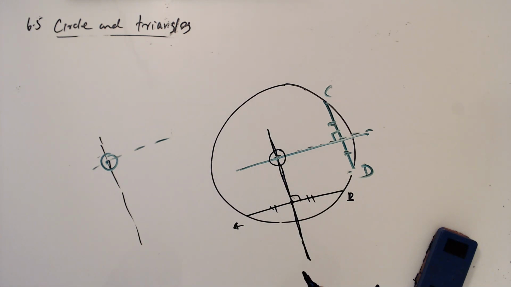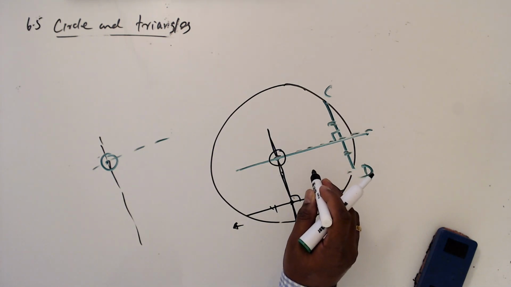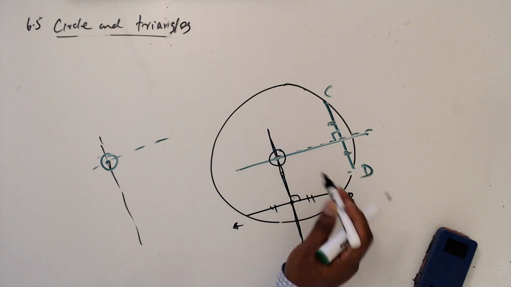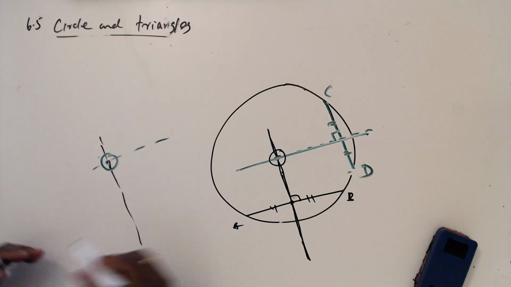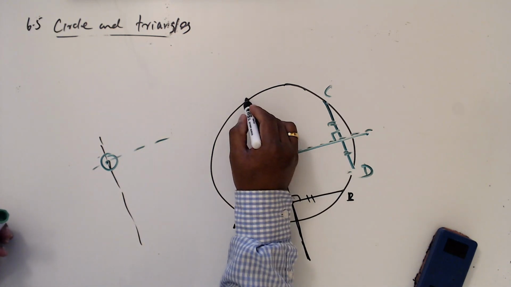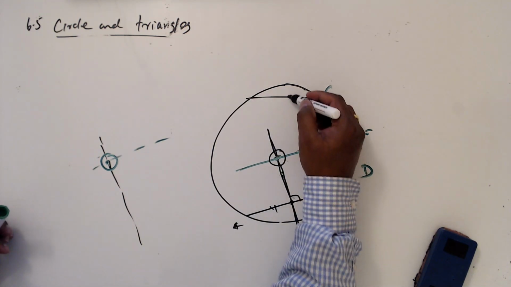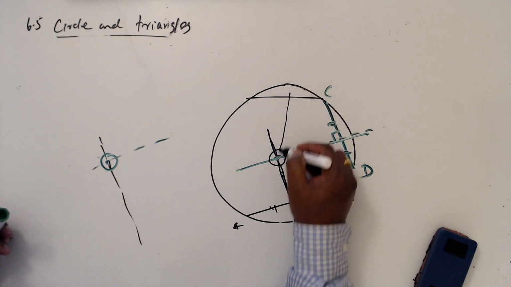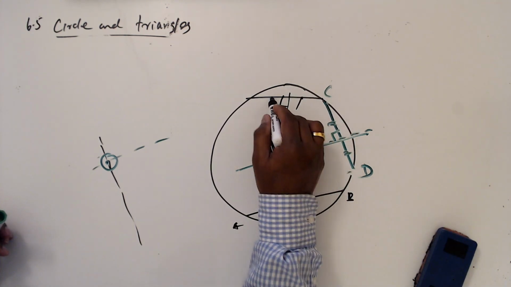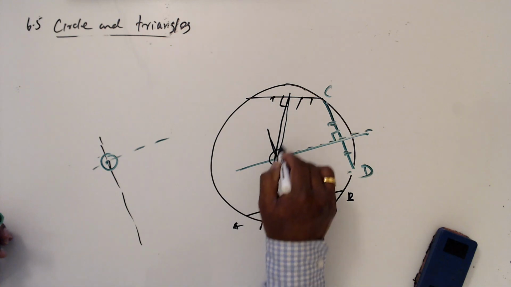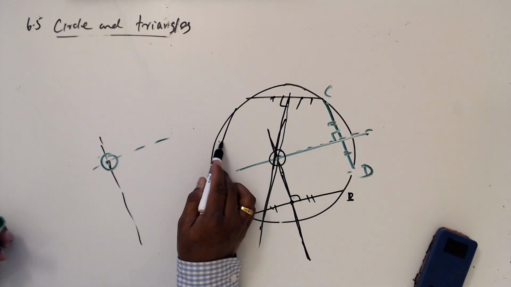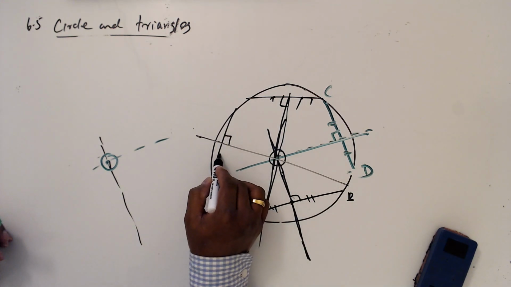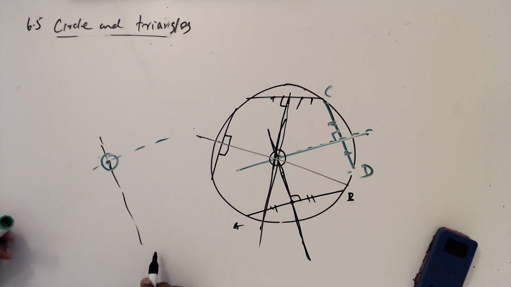Perpendicular bisectors intersect at the center of the circle. If you take another bisector from here, that is also going through the center. This is 90 degrees. If you take another one from here, that is also going through the center.